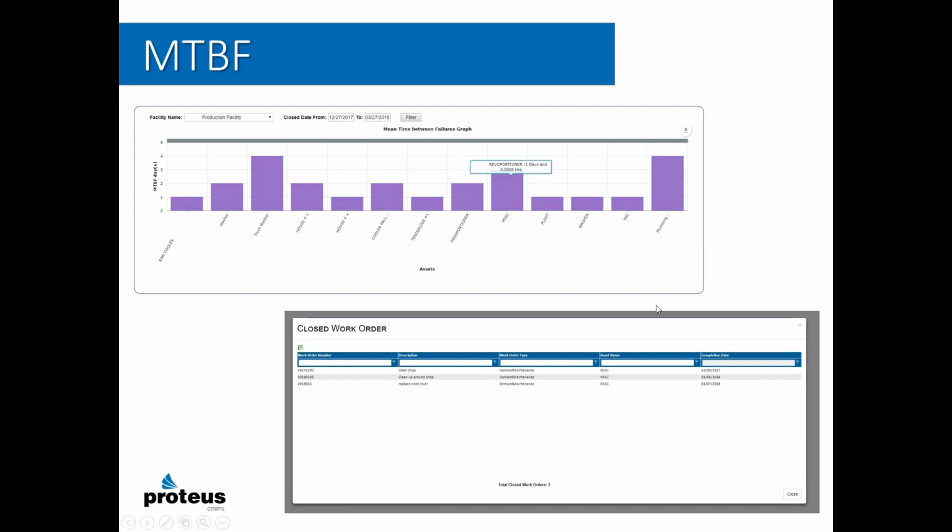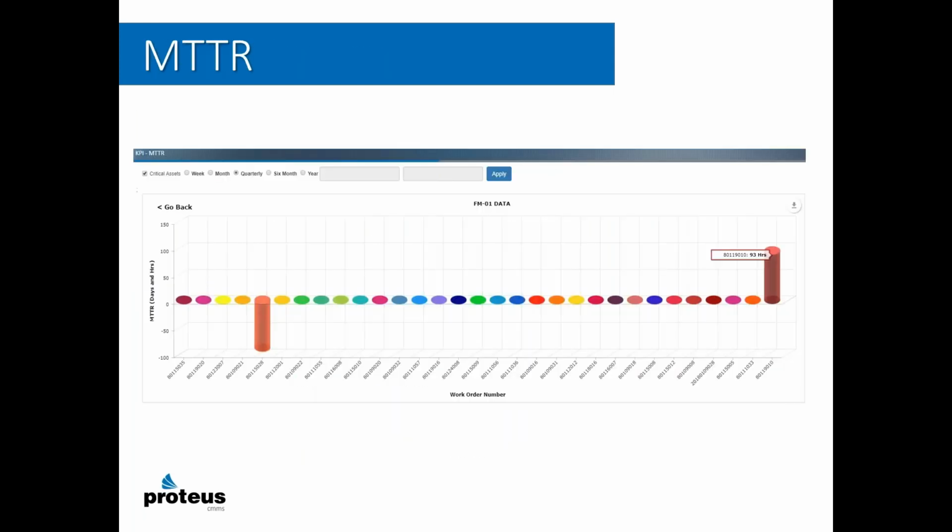The ability to identify how you want to measure mean time between failure is, again, something that we work with specific clients on and make sure that it's done correctly for them. Mean time to repair. So once a machine breaks, how long does it take us to repair that particular machine? If you're not measuring it, how do you manage it?